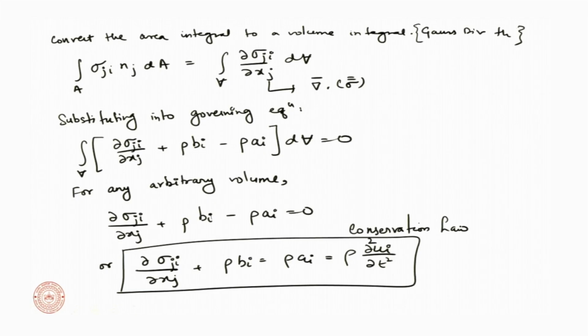We have seen that the divergence of the stress tensor added with this body force term is equal to density times acceleration, and the acceleration is the second order derivative of our displacement with respect to time.